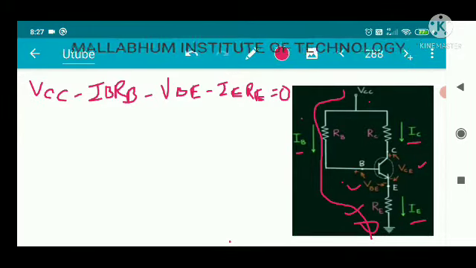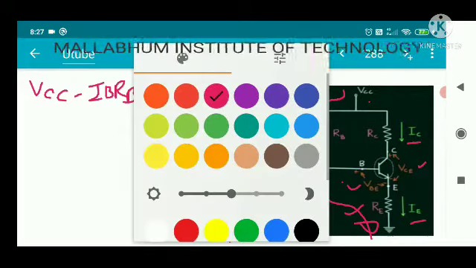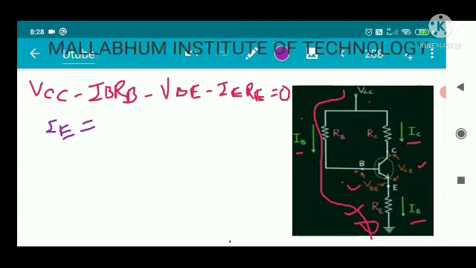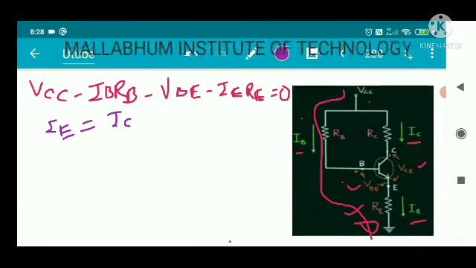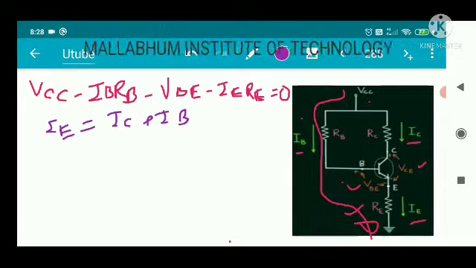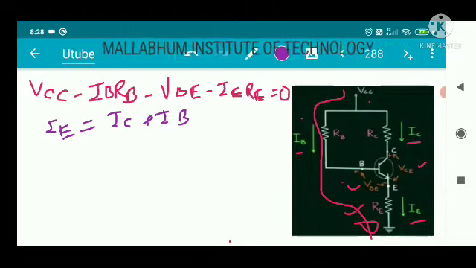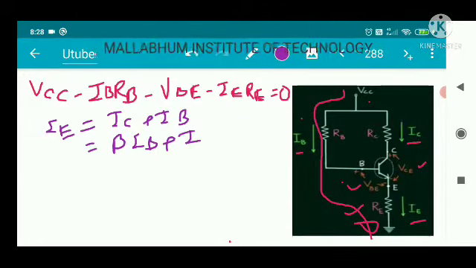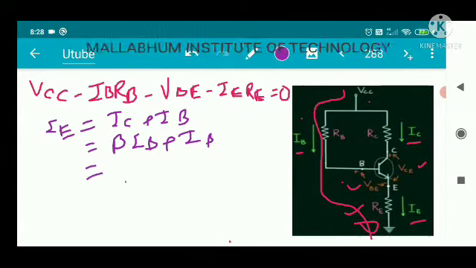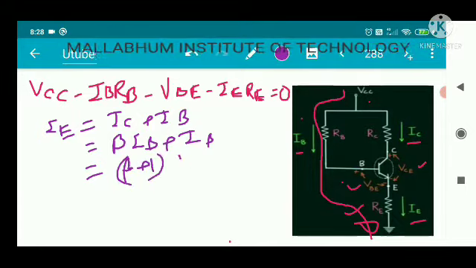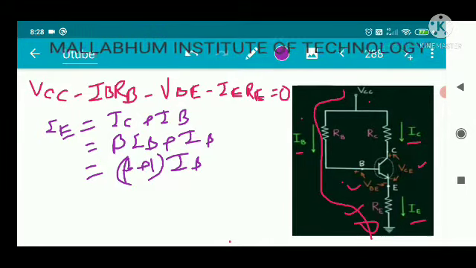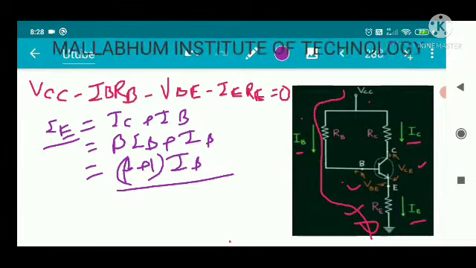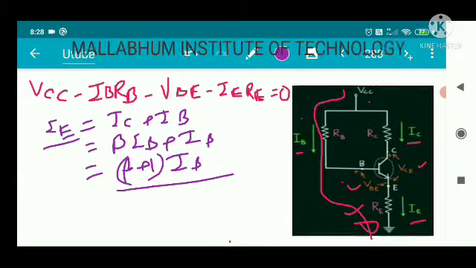And also from the expression of the transistor action, IE is nothing but IC plus IB, and your IC will be beta IB. So your IE will be nothing but beta plus 1 IB. Okay, so this is the expression, IE equal to beta plus 1 IB, and I am replacing it in this equation.